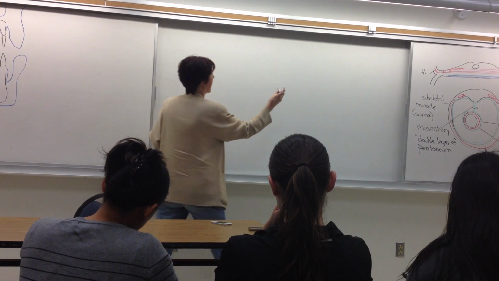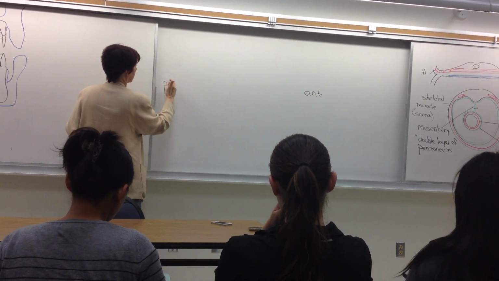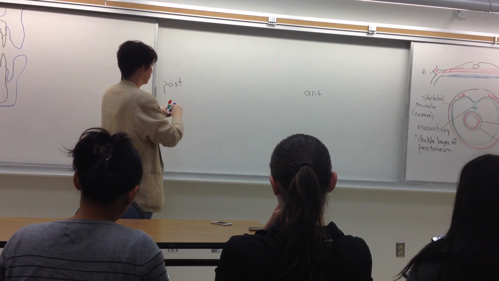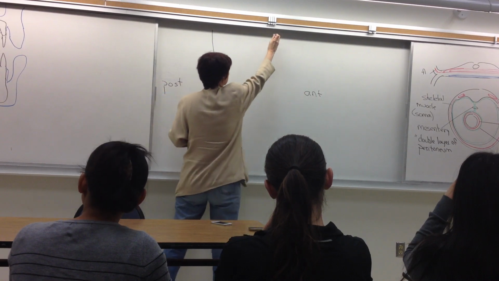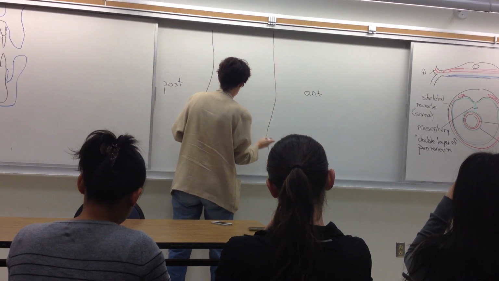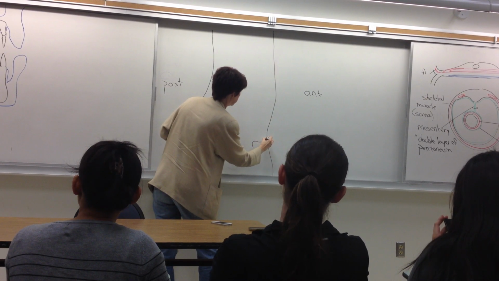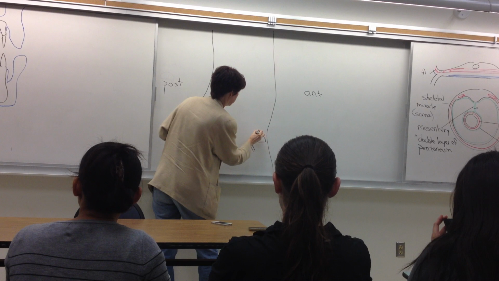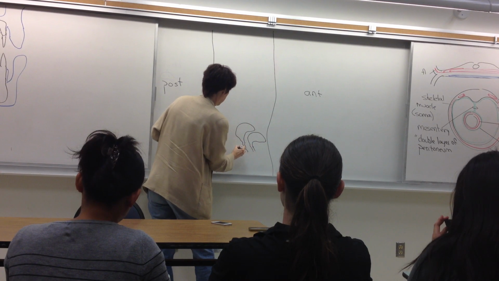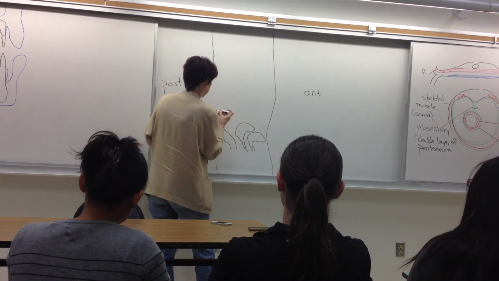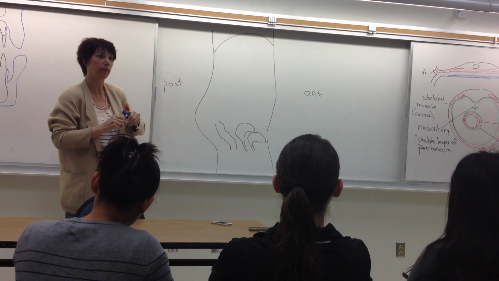So this is going to be anterior. And posterior. And we'll make this a female. Here's a bladder. A uterus. And a rectum. Be the diaphragm.